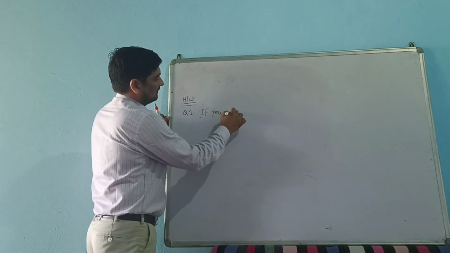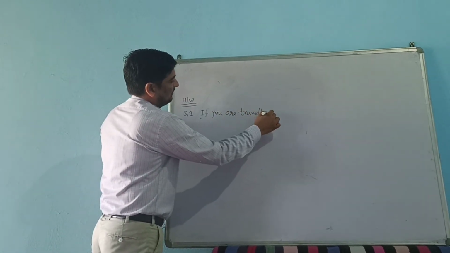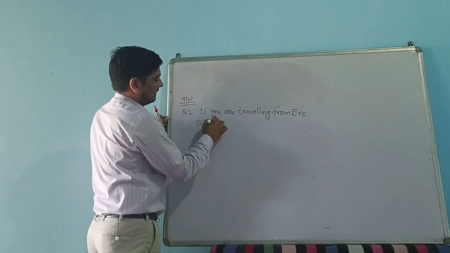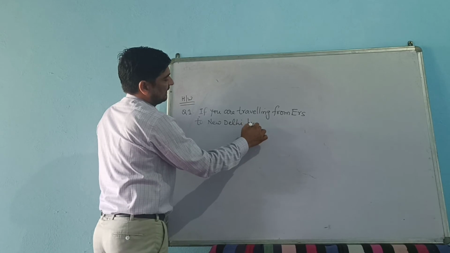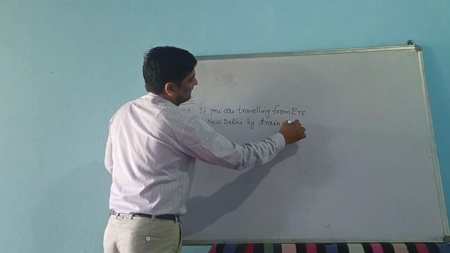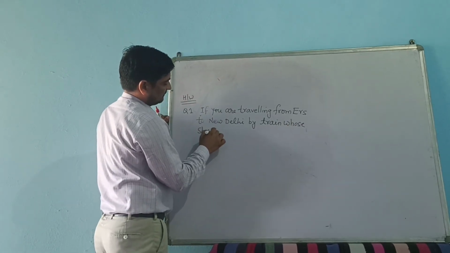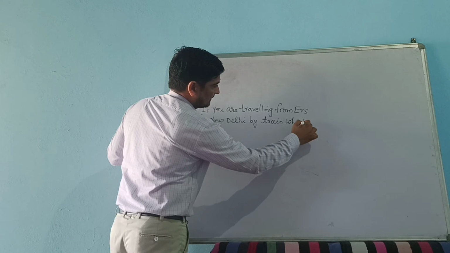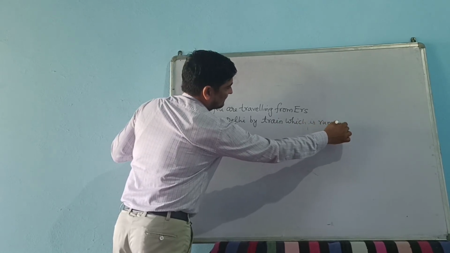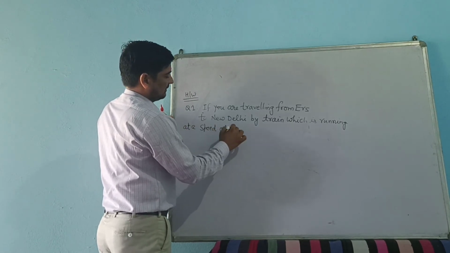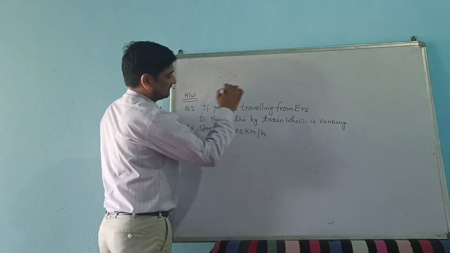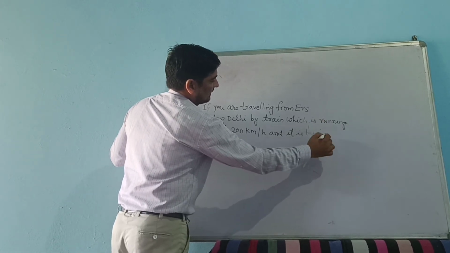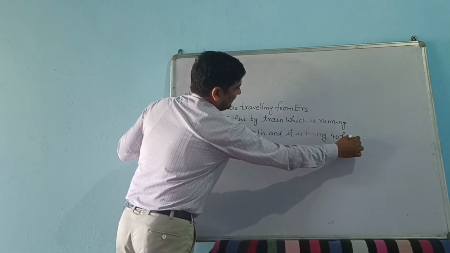If you are traveling from Ernakulam to New Delhi by train, which is running at a speed of 200 kilometer per hour, and it is taking 40 hours to reach there.